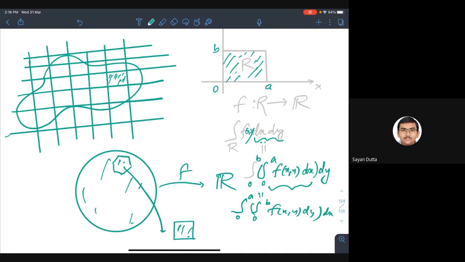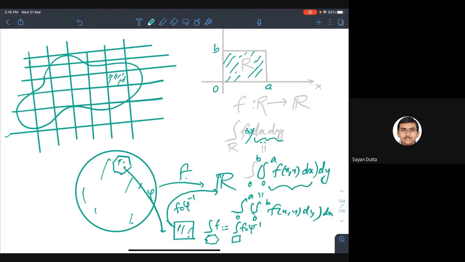So homeomorphism is important. Now for integration on this region, the function restricted to here is there, and you go via this one. If this is phi, then you have f composed with phi inverse. Now you would say the integration on this region is defined to be the integration of f composed with phi inverse.